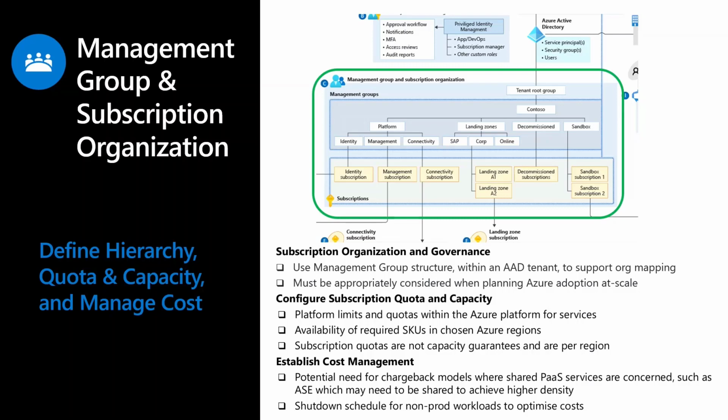We also call out why, for example, we recommend to differentiate between the landing zones and the platform management groups, and why there are additional identity management and connectivity management groups. We have further information about the subscription quota and capacity, such as you always have to consider there are platform and services specific limits and quotas that you need to address.